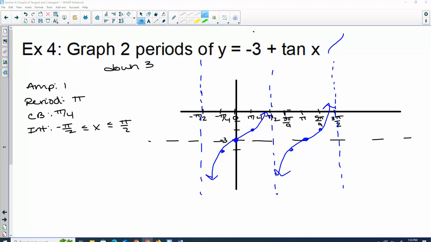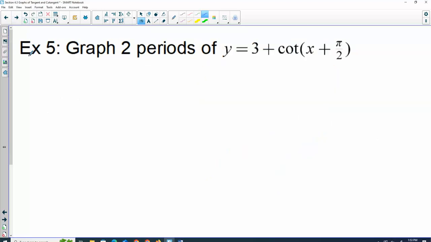Is this going okay? Last one. So this one has a little bit of everything.